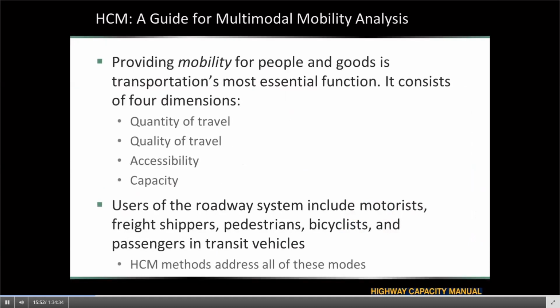As Lily explained earlier, mobility consists of the 4 dimensions shown here. Of these, the HCM has been the leading reference for evaluating capacity and quality of travel, while quantity of travel is a key input to HCM methods. Thus, a guide for multimodal mobility analysis captures the HCM's ability to quantify roadway performance across multiple dimensions and travel modes.